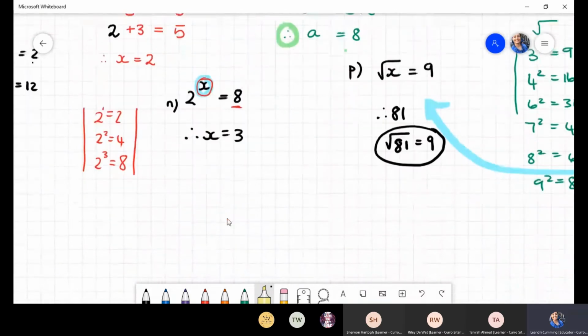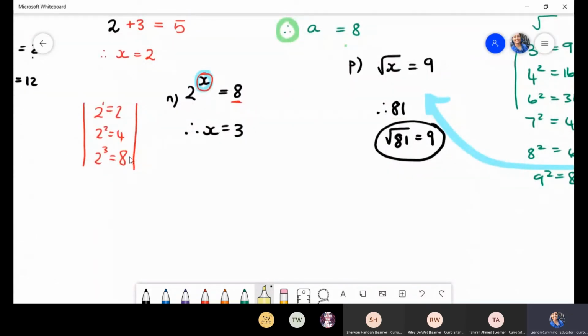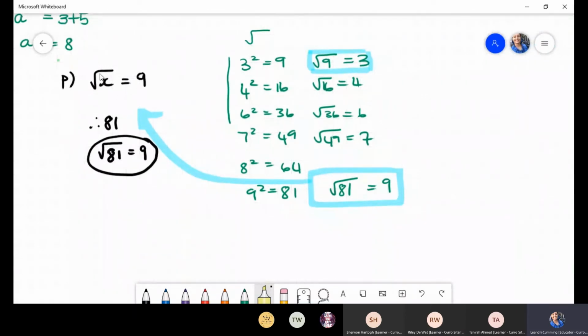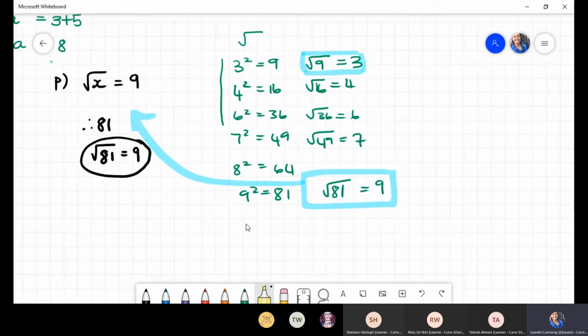So I did a little summary there just to get back to that. And for this one, number P, I asked myself the square root of something should give me 9. And I found that the square root of 81 should give me 9. Therefore, x is 81. So the square root of 81 gives me 9.